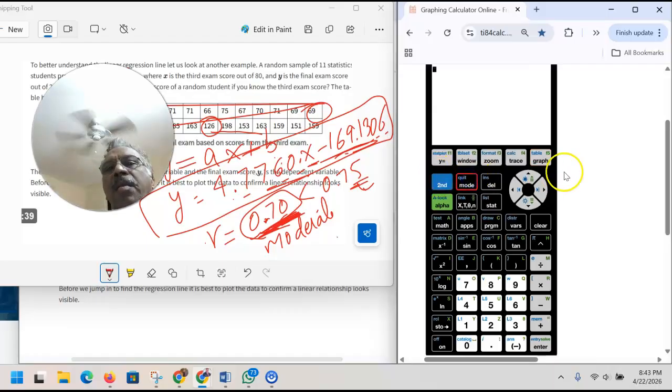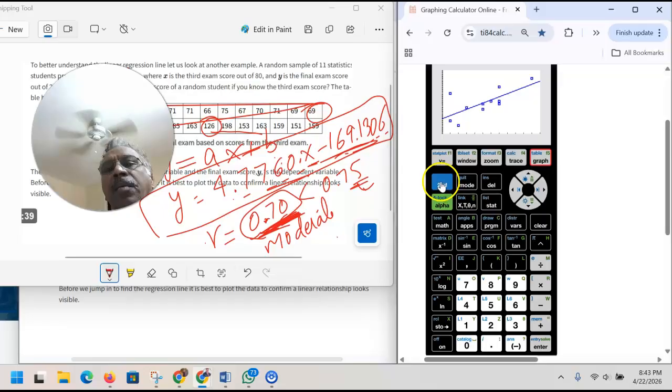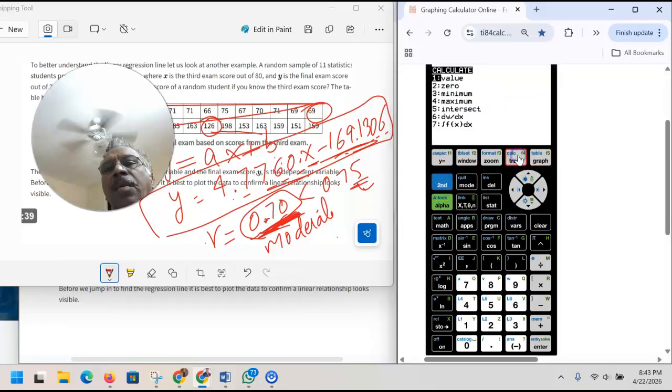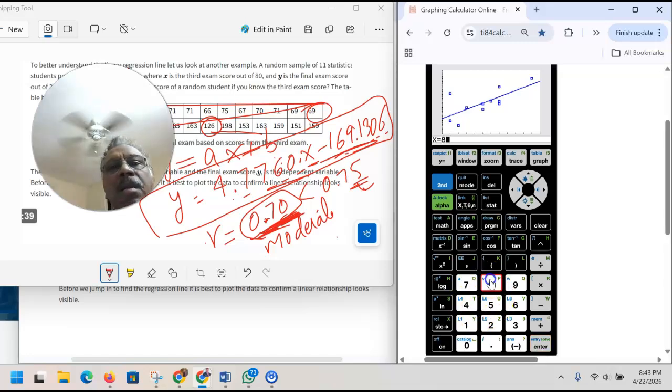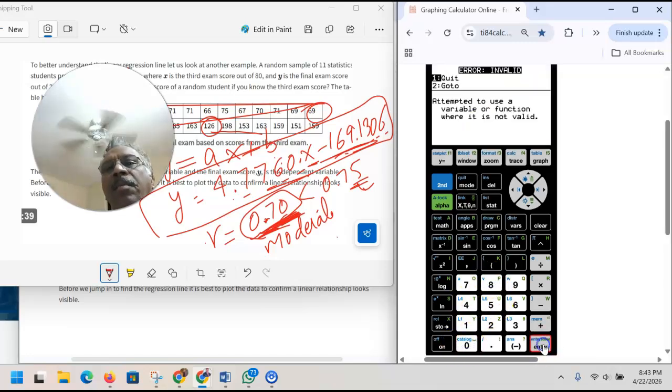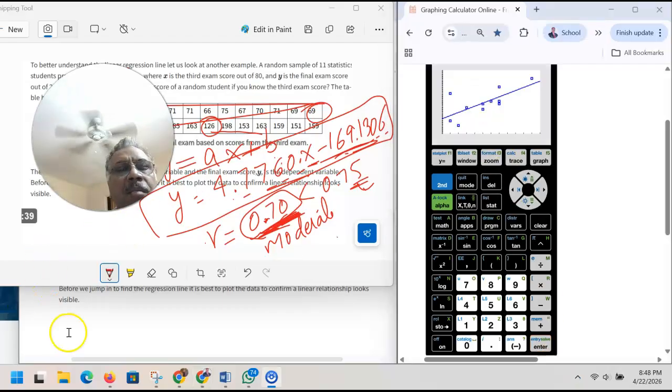Second mode to clear this. Here you have this one, and I want to find the value. Enter. And I want to put 80. It says the function variable is not valid.